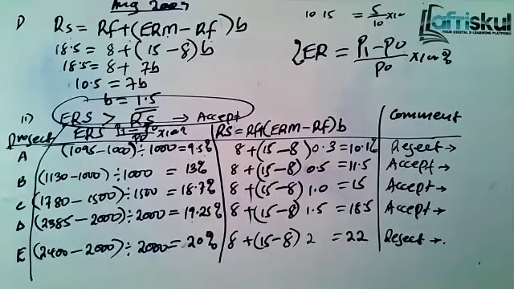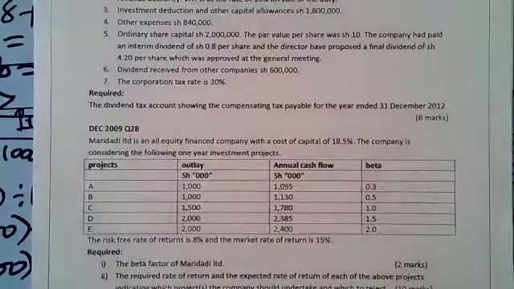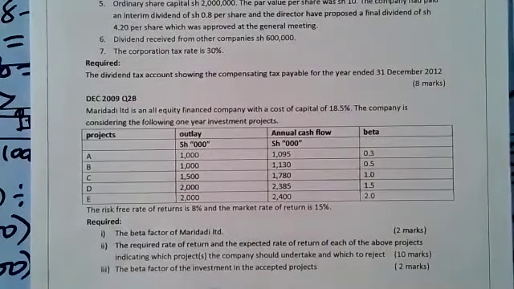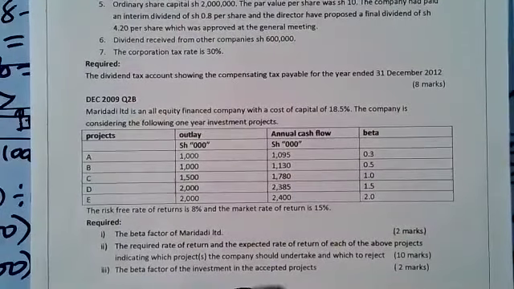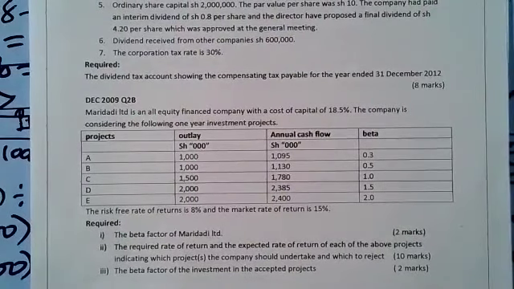Good. Now let's go to part C of the question. Part C, you can screenshot that. Part D of the question is asking about the beta factor of the investment in the accepted project. How do we get the beta factor of the accepted project?